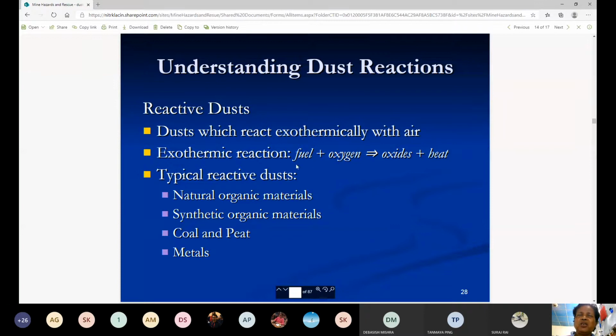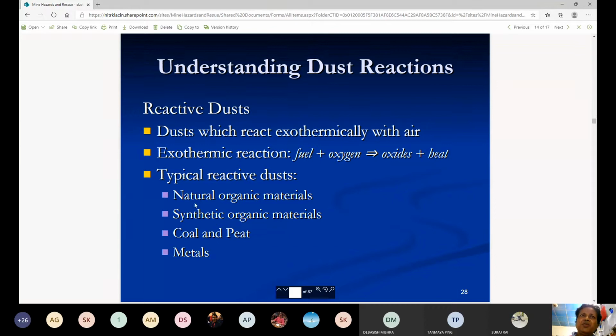Fuel is the coal dust, and atmospheric air contains oxygen. Fuel plus oxygen gives rise to oxides and heat energy. This is the reaction between coal dust and oxygen which is responsible for coal dust explosion. Typically, the reactive dusts are coal and peat.